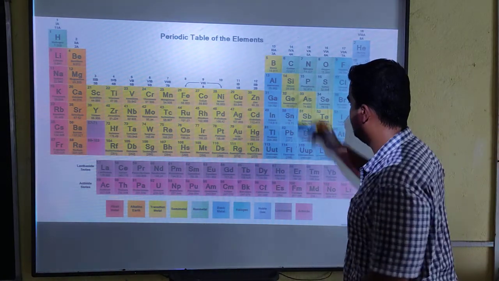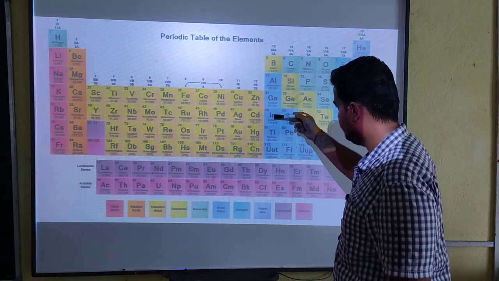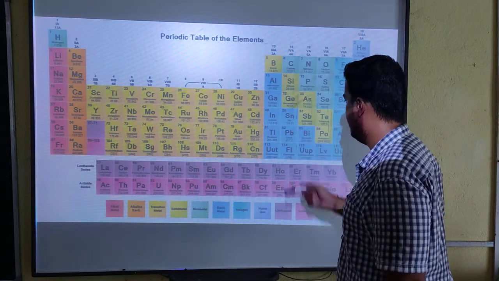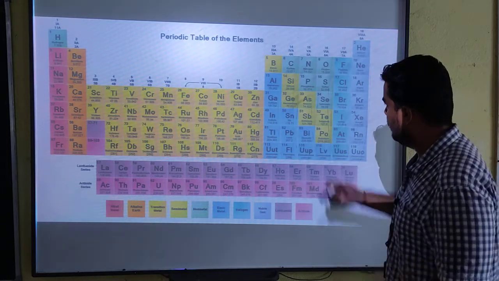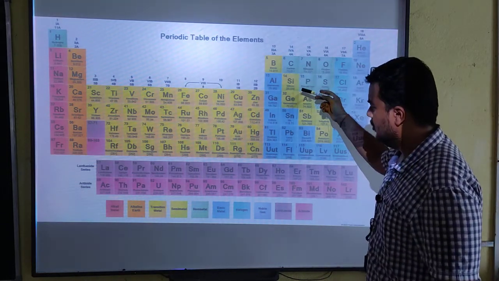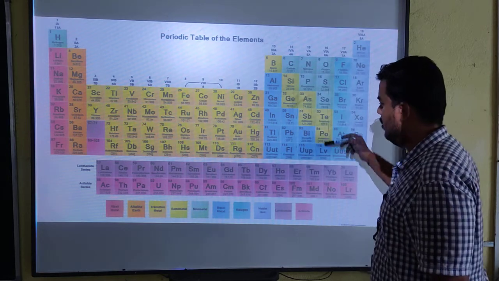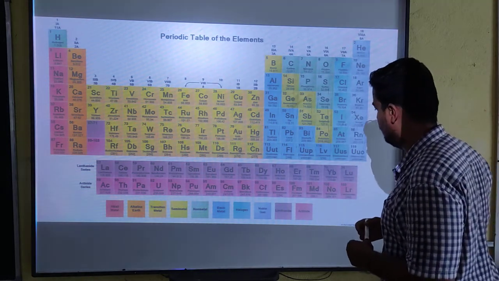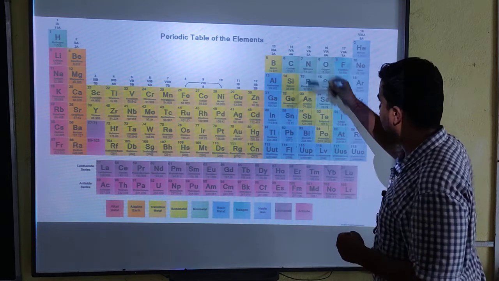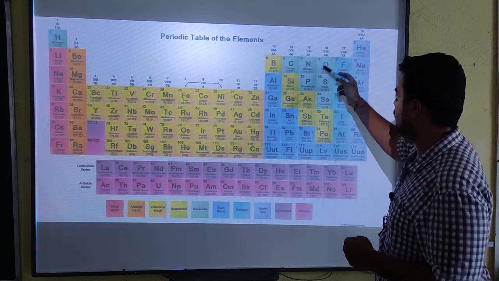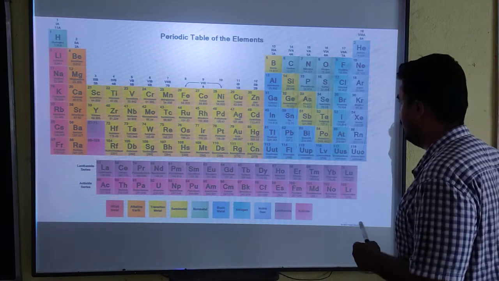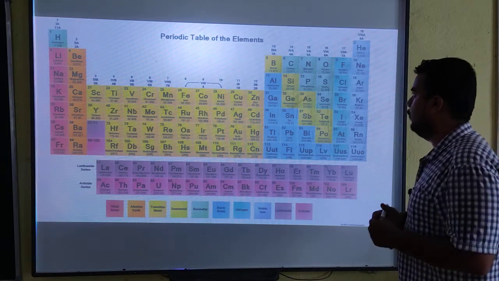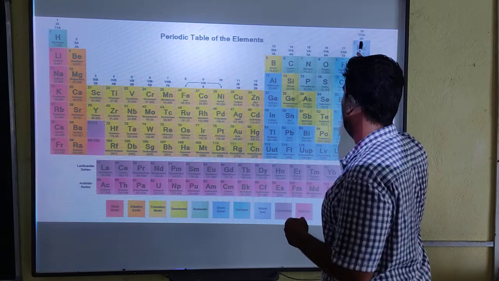These are metals: aluminium, gallium, indium, thallium, lead, tin, bismuth. These elements are semi-metals or metalloids, and these are non-metals: carbon, nitrogen, oxygen, phosphorus, sulphur, selenium, etc. So for p block we will study from group number 13 to group number 18.